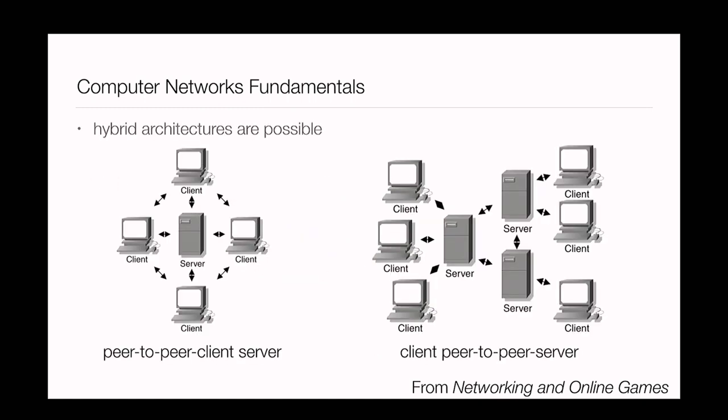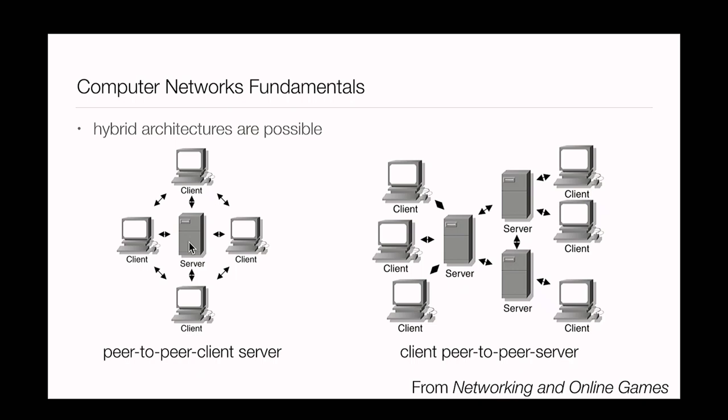Okay, you can also mash these two architectures together in all sorts of interesting ways. So you can have what are called hybrid architectures. Here we have a peer-to-peer client server. Here, your clients are all peer-to-peer, but they're also talking to a centralized server. So your clients can talk to one another, and they can also talk to a server at the same time.